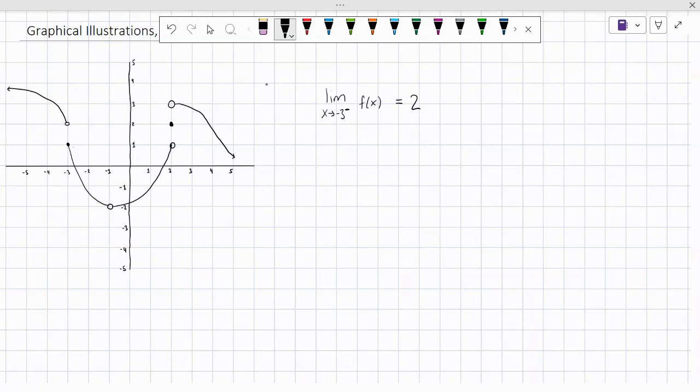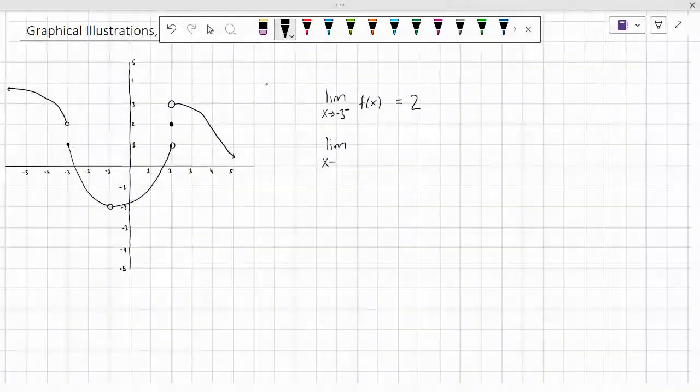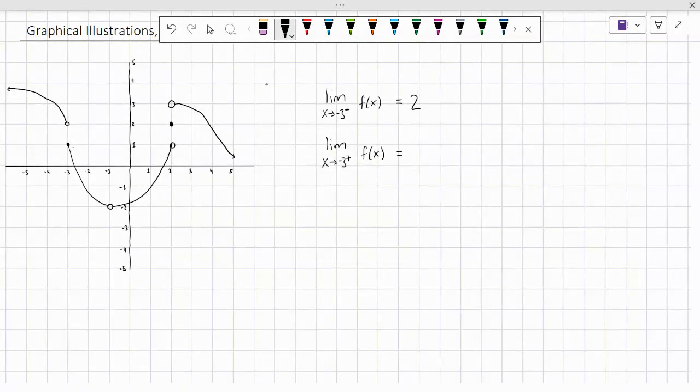Again, we can write down a limit statement to represent this observation. We can say as x is approaching -3, but this time from the right side, this function is approaching a value of 1.